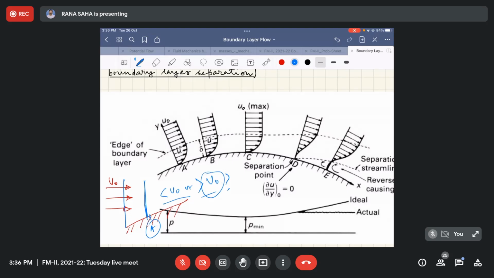So typically this situation, and we have seen that at the very beginning of boundary layer flow discussion, this change of pressure can be extended within the boundary layer as well.